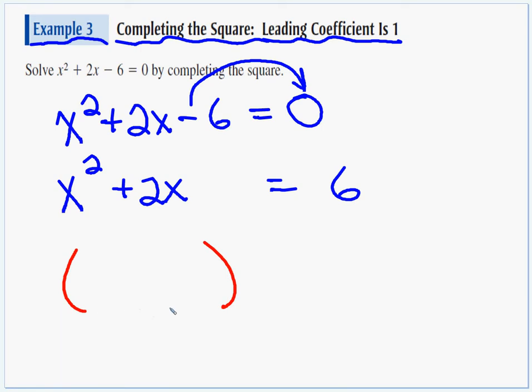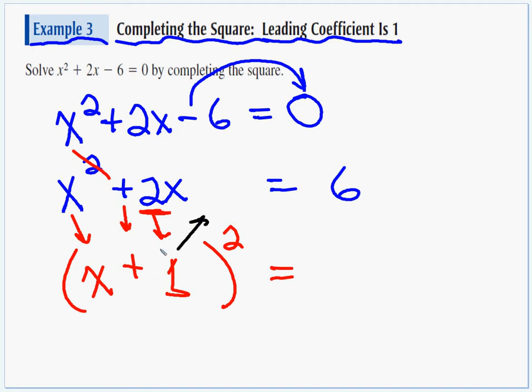We want to come up with a perfectly squared binomial. And so what we need is some magic number here that's going to make it happen. So an easy way to come up with this binomial is just bring this down. Don't bring the squared with it, just the x. Bring down the plus, and then take this number, just cut it in half. Half of 2 is 1. But when we are foiling this out, we're going to have to square it.